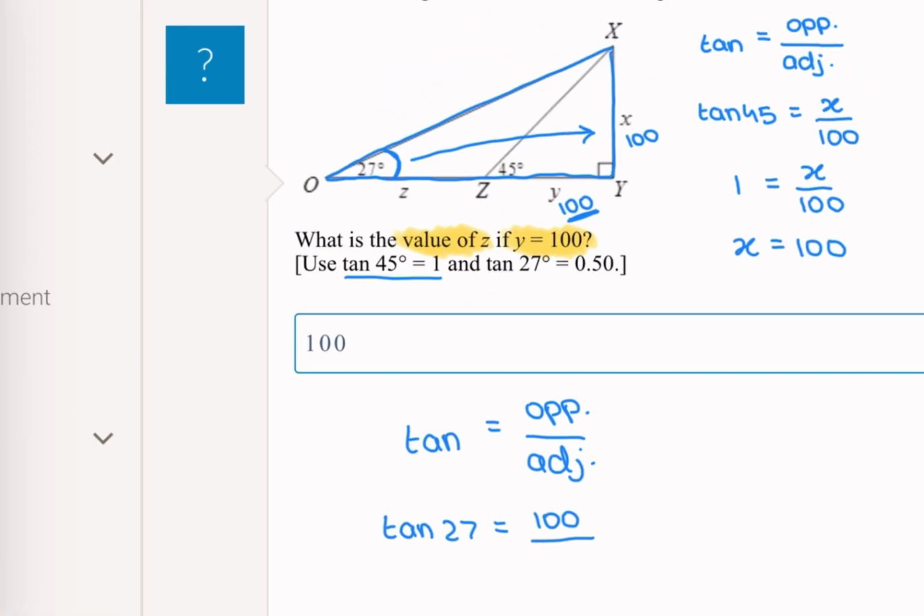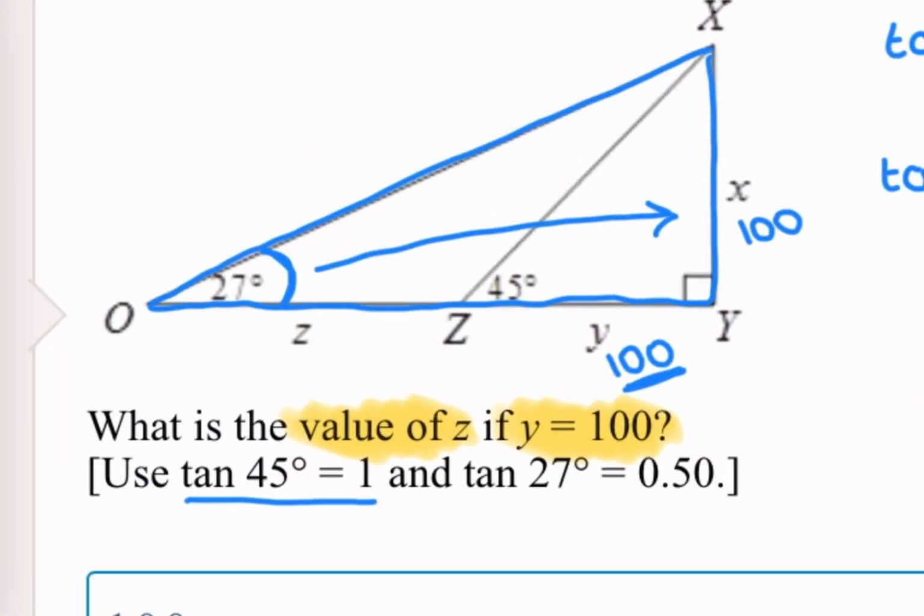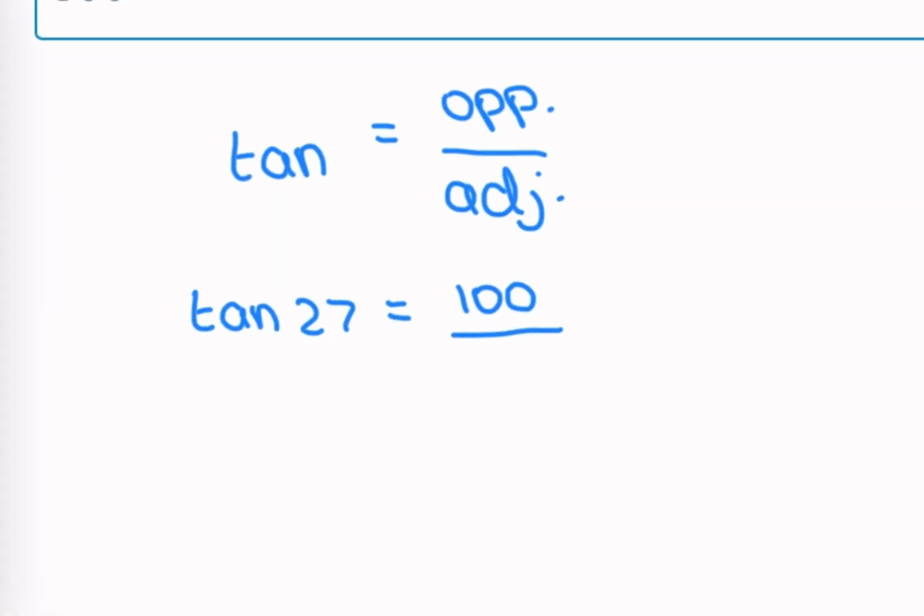and the adjacent, which is this line. We don't have the value of the full line, but half of the line is 100, and we know that the full line would be 100 plus z. So we're going to put 100 over 100 plus z.